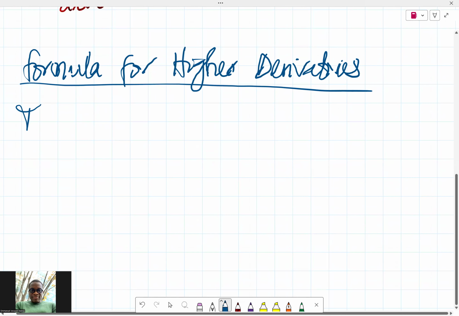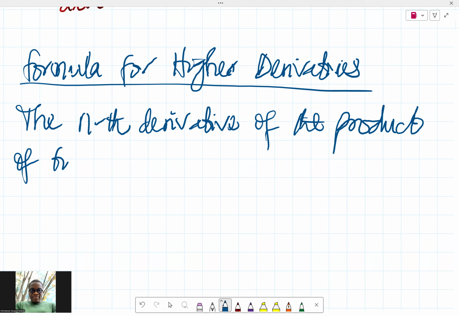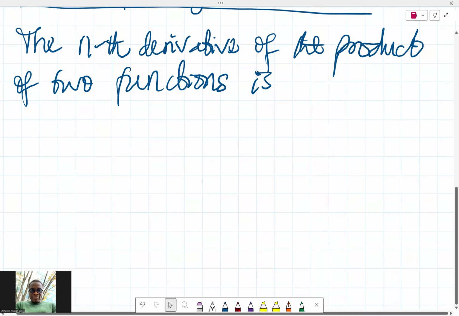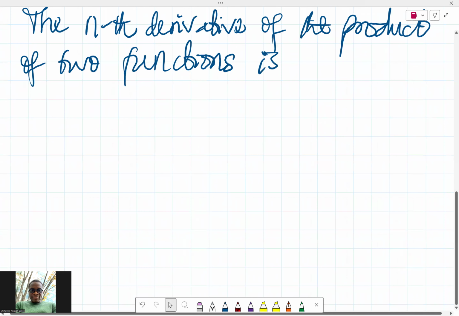So imagine the nth derivative of the product of two functions is, now you know this is for the first derivative. So what if we need the nth derivative for the product of two functions? So this is what that looks like.